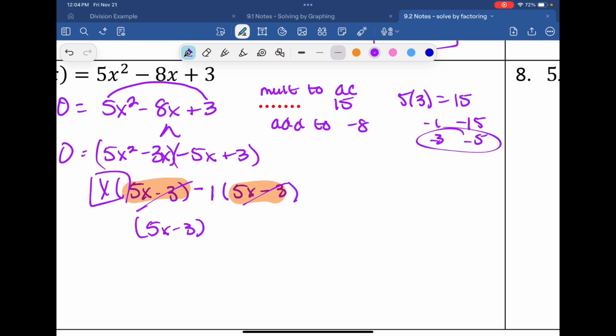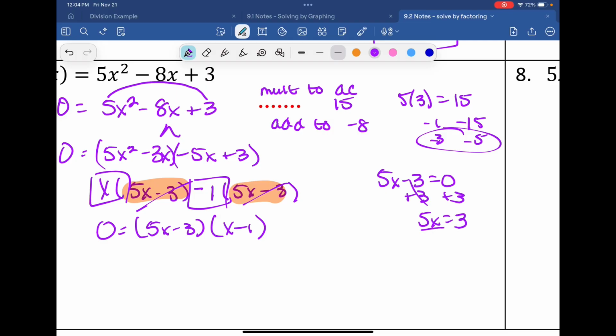Whatever is left. Set those factors equal to 0. Remember, if it has a variable, it has a solution. Divide by 5. X equals 3/5. And we have our x minus 1. X equals 1.